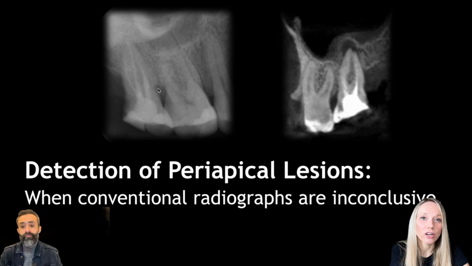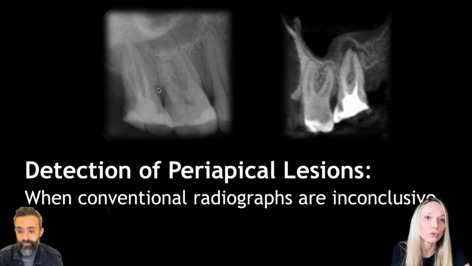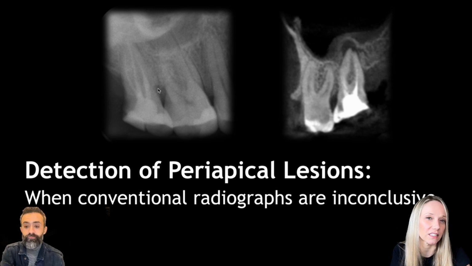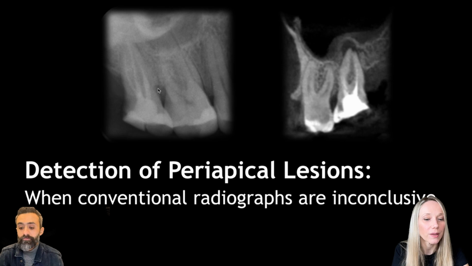Above all, if we are talking about maxillary molars, because due to the superimposition of structures, even if we take a very nice preoperative x-ray, we might not be able to see the signs of early periodontitis. In this case, for example, I was guessing there was some problem because I was seeing a slight widening of the periodontal ligament space.